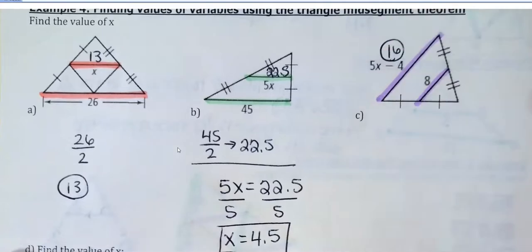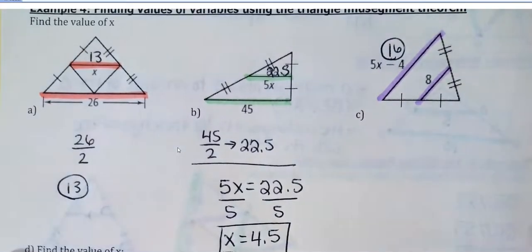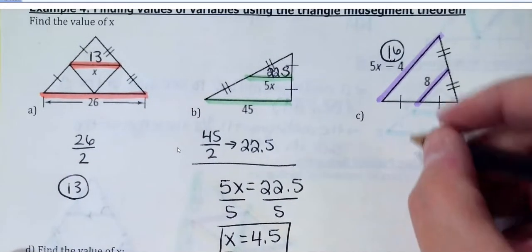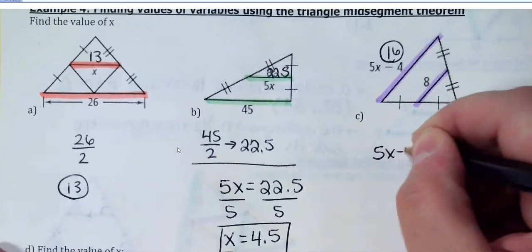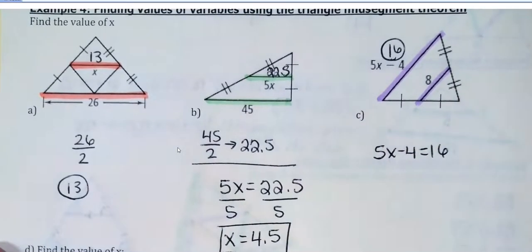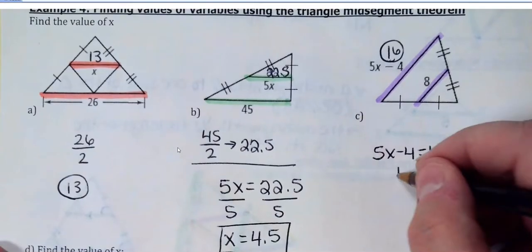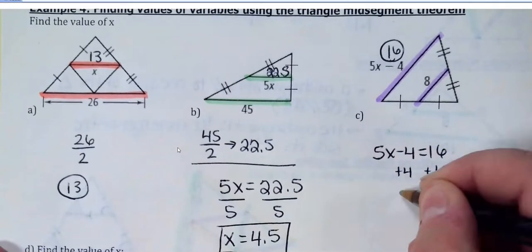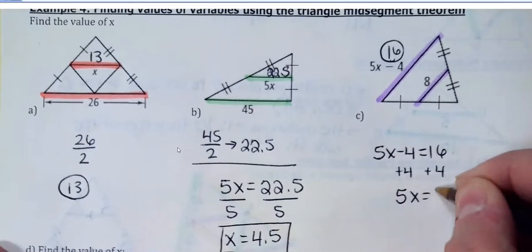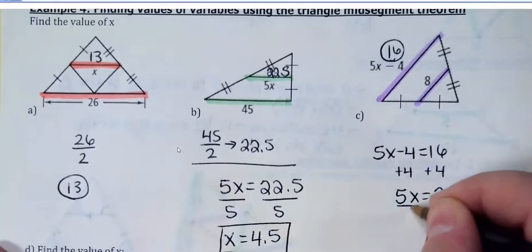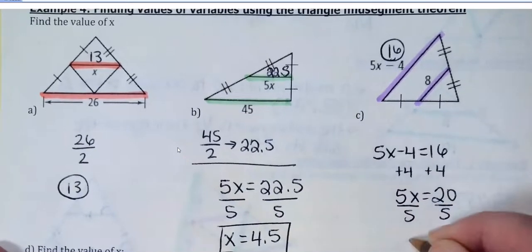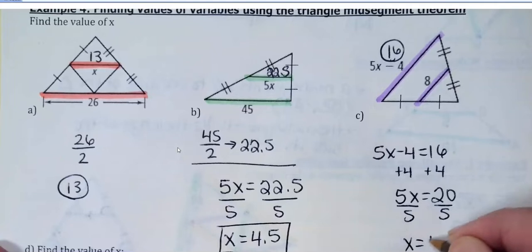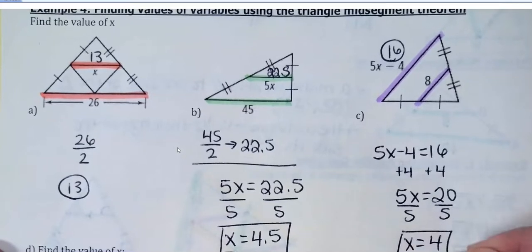Figure that out first and then find your variable. So I can take 5x minus 4 and set that equal to 16. Once you set that up, the equation's not too bad to do. So 5x is equal to 20. Divide both sides by 5, and x is just 4. It's a nice number for this question.